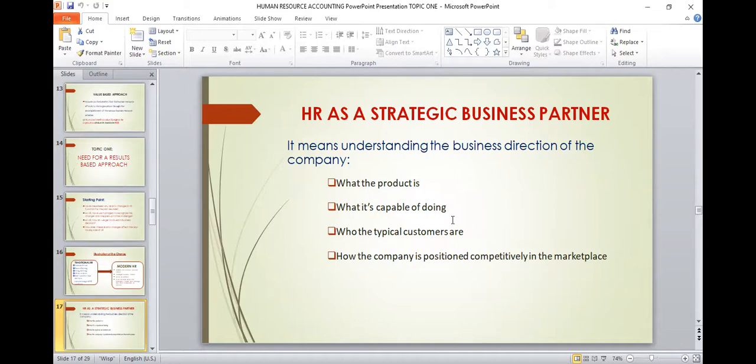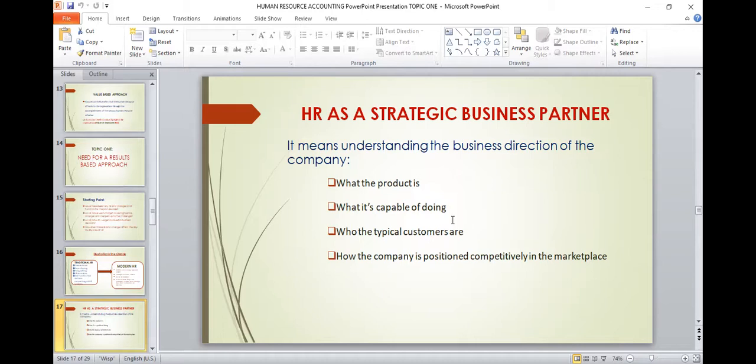Who are your customers? What kind of customers are they? What do they like? What are the trends in the market? You have to study the demand trends. You are a strategic business partner. You must understand how you will position the business competitively in the marketplace. Remember, you are not operating alone in the business arena.